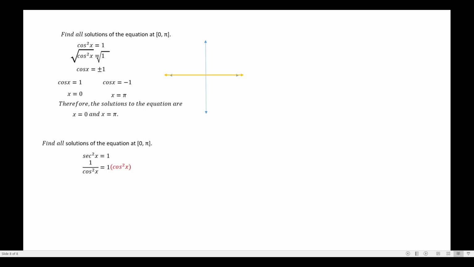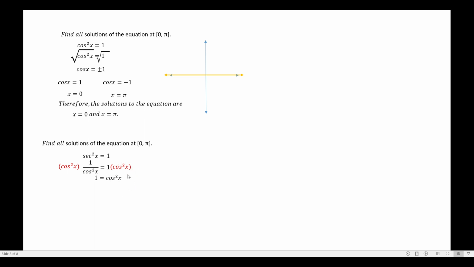I can eliminate the fraction on the left side by multiplying cosine squared x on both sides. So cosine squared x times 1 over cosine squared x gives you 1 equals cosine squared x.